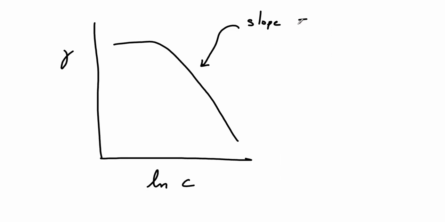We take the slope of the curve and we find that it comes to -10 millinewton per meter. How can we analyze this data?